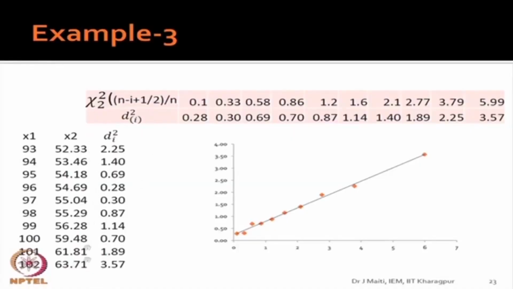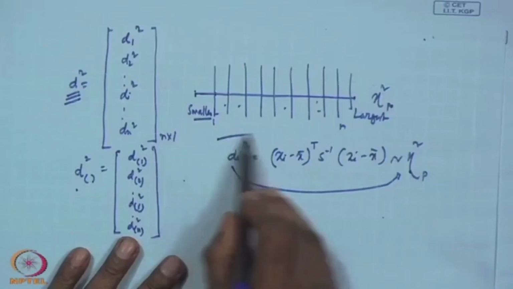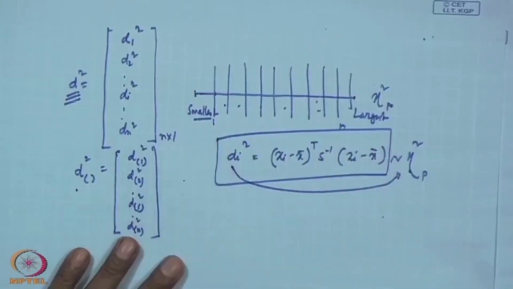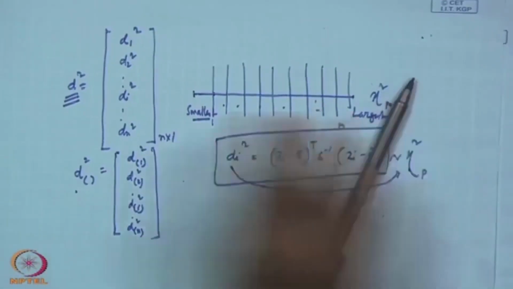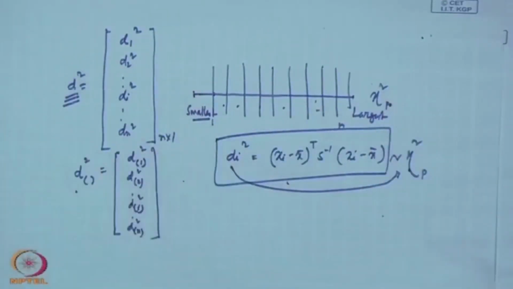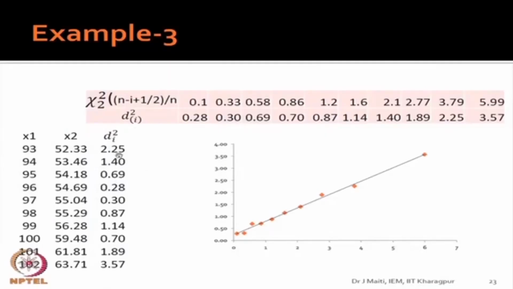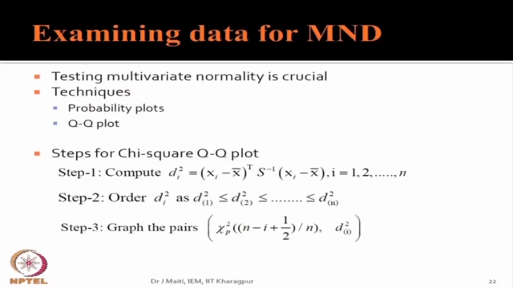Understood? This is only the calculation part; you have to utilize this formula carefully. If you use this formula, you are in a position to get this. This is your first step. What is your second step?